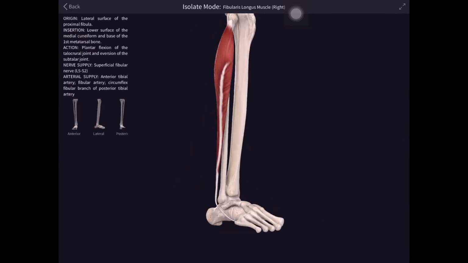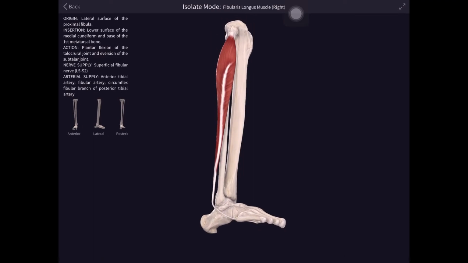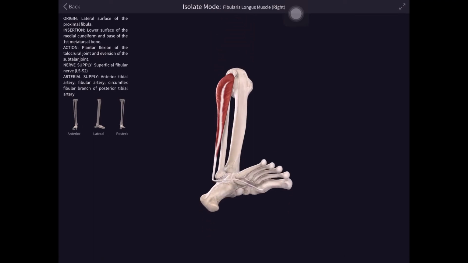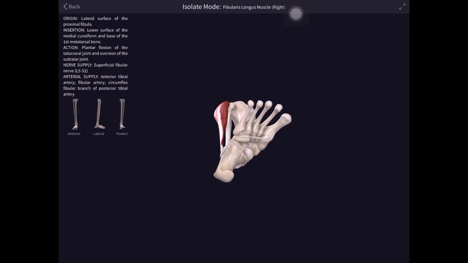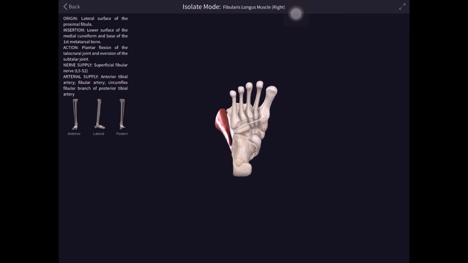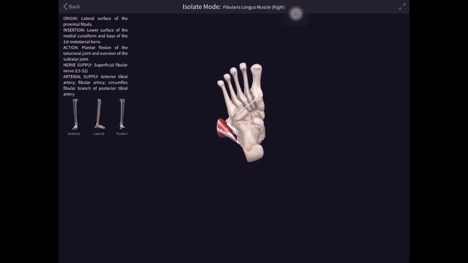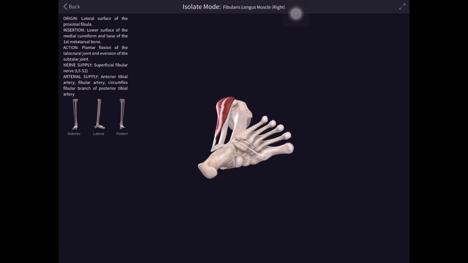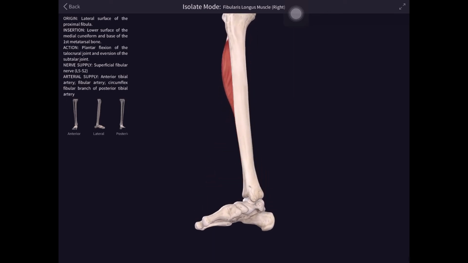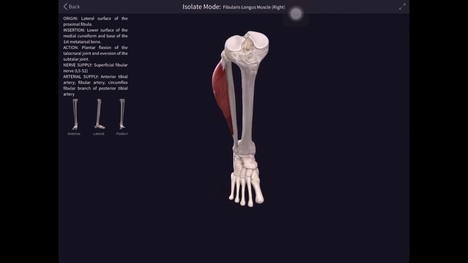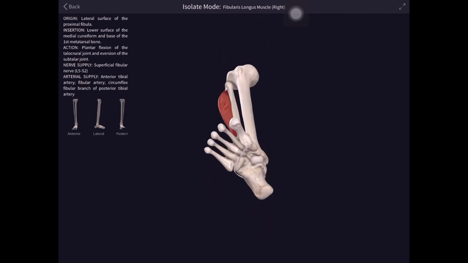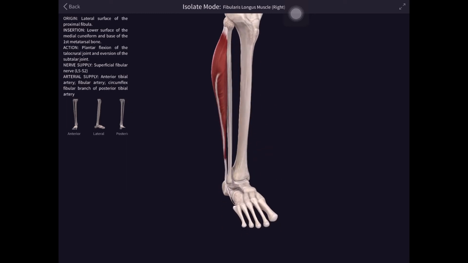It comes down. See the tendon going deeper to the sole, and it is attaching to the base of the first metatarsal along with a tarsal bone. Now this tarsal bone is your medial cuneiform. So that's your longus, also called fibularis longus.